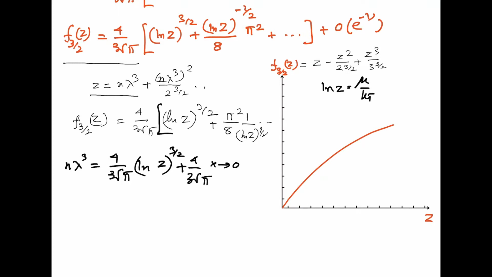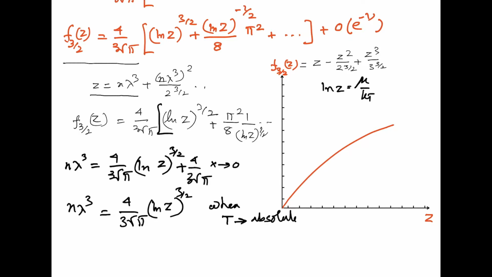And if T is approaching absolute 0, log z becomes very high, so that when log z is in the denominator, the term can be neglected. So we are left with n lambda cube equal to 4 by 3 root pi into log z to the power 3/2 when temperature reaches absolute 0.